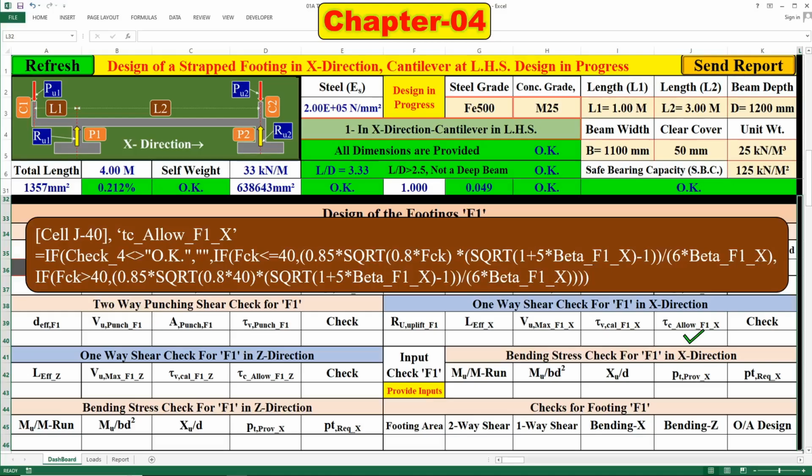Otherwise, it will calculate the value of TC_allow_F1_x by checking the value of FCK.